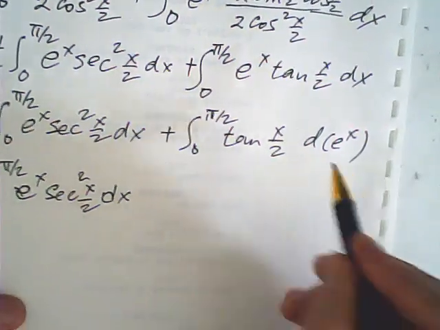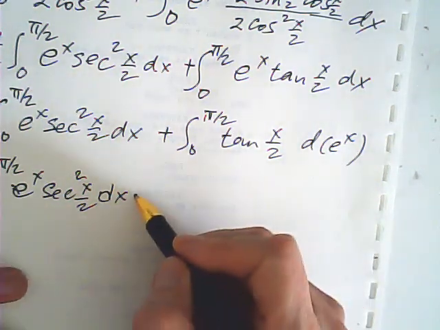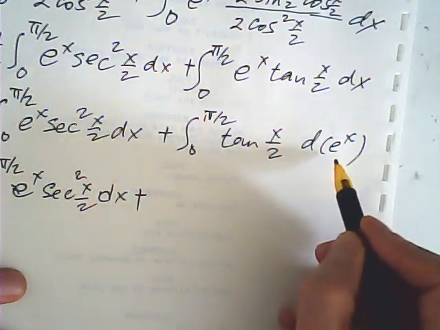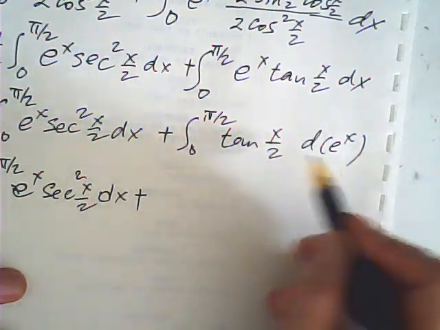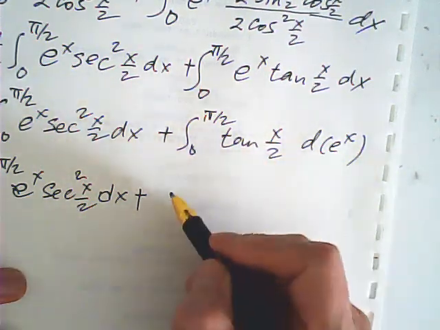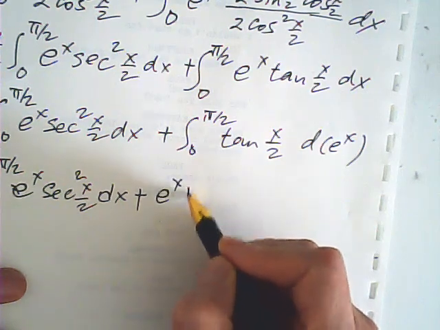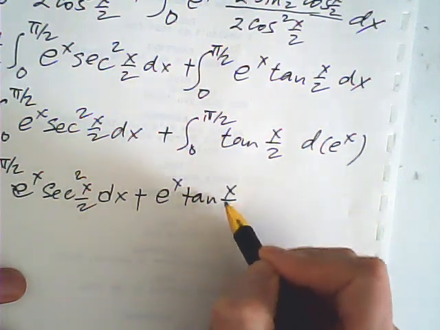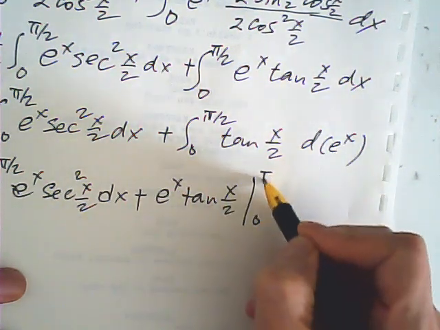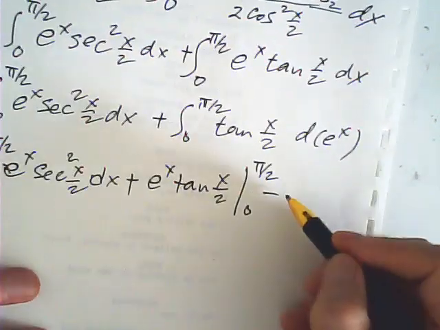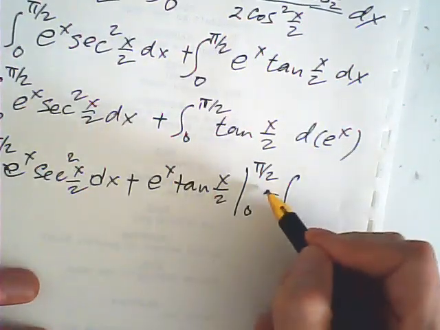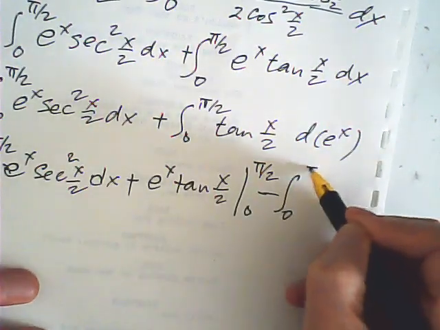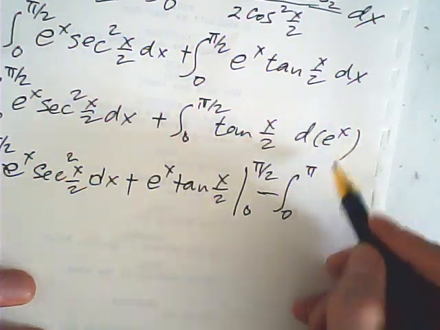Now this is by parts, so this is plus u dv, because v u, minus integral v du.